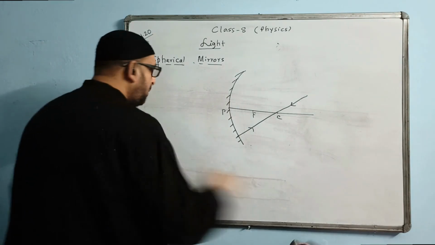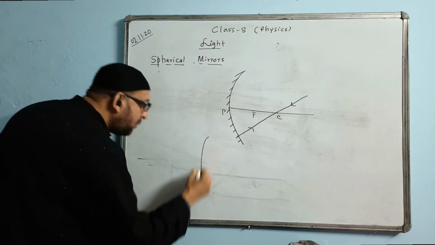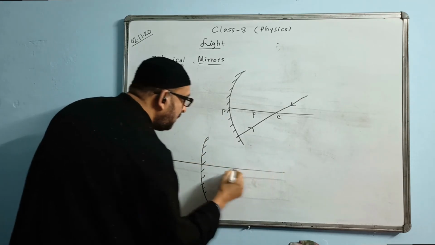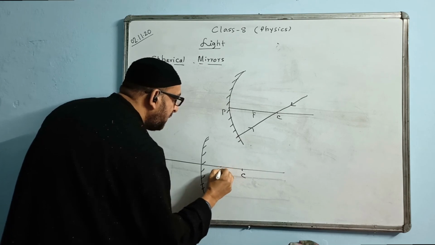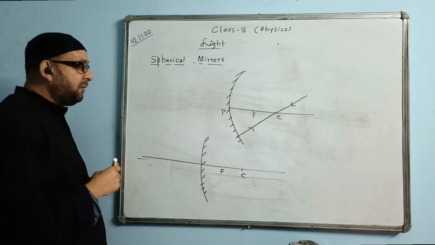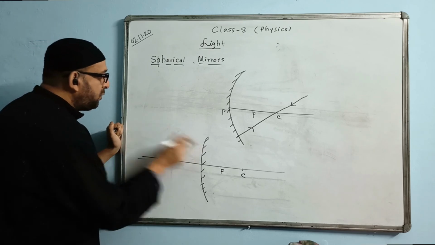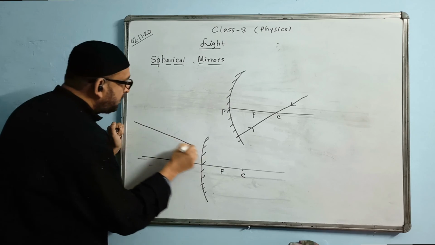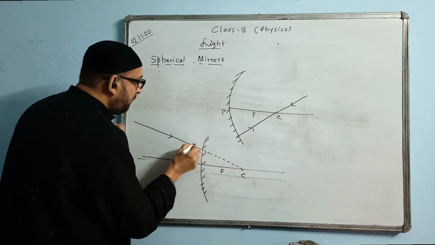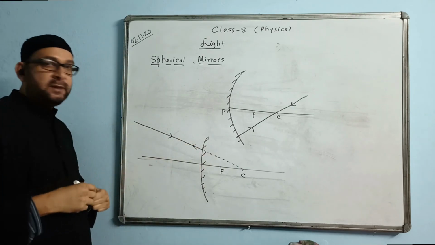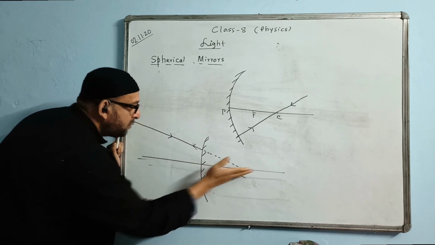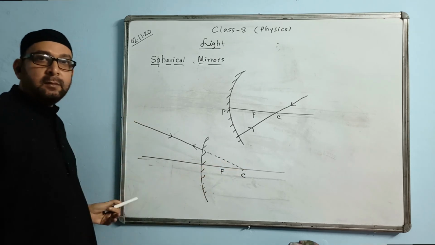Now, what about a convex mirror? The convex mirror is like this. This is C, this is F. An incident ray which is appearing to pass through C will not actually pass, it will only appear to, because it is virtual always. This incident ray, appearing to pass through C, will return back along the same path like this. If a ray is coming as if it appears to pass through C, then it will return back along the same path.